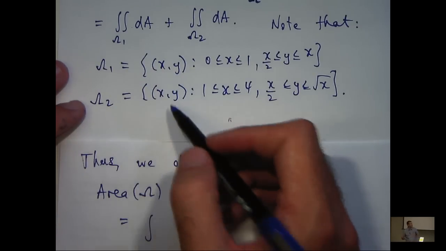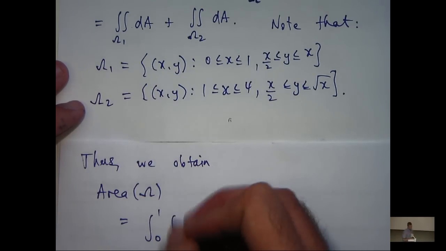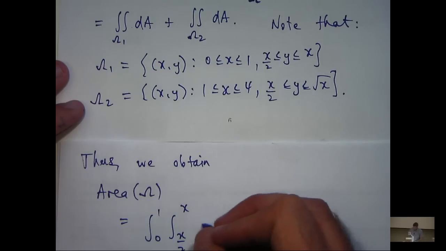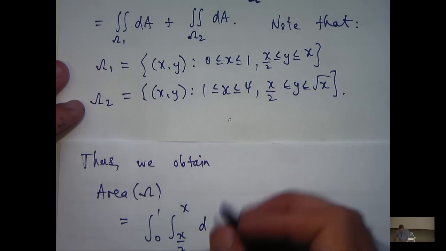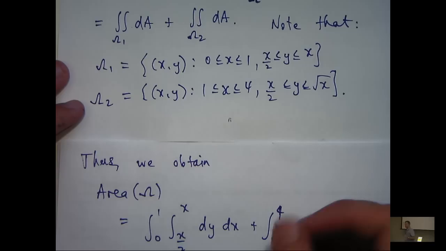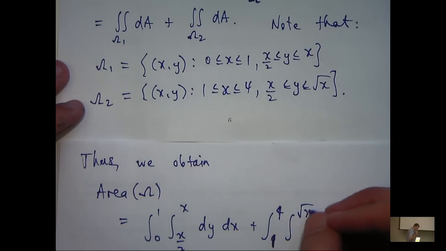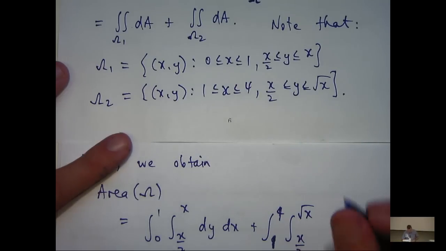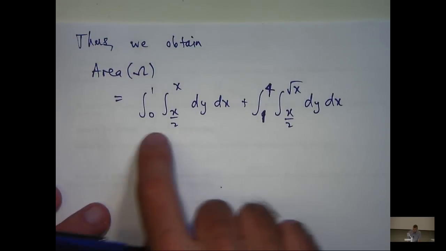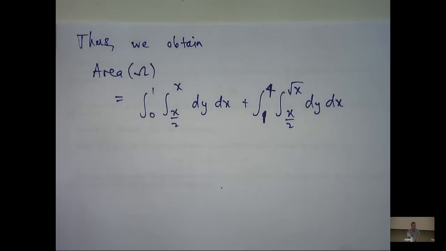So this one will be in the following way. It will be dy dx, and similarly for the second one, with limits 4 and 1. So all we need to do now is evaluate these in the usual manner.